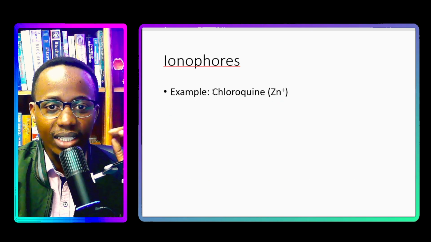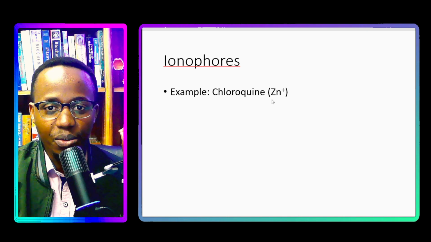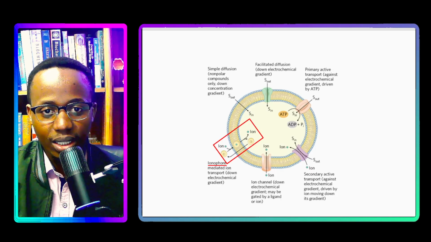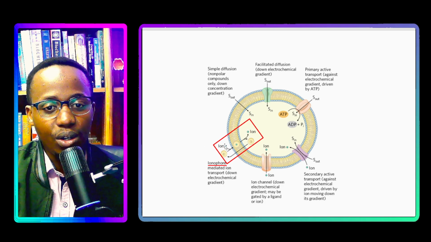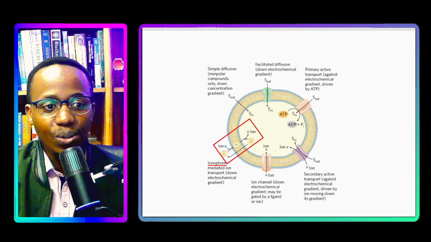An example is chloroquine. Chloroquine binds to the zinc ion and then brings it inside the cell, whereas the zinc ion by itself couldn't get through the cell. So chloroquine is an ionophore of zinc, and it just brings it into the cell.